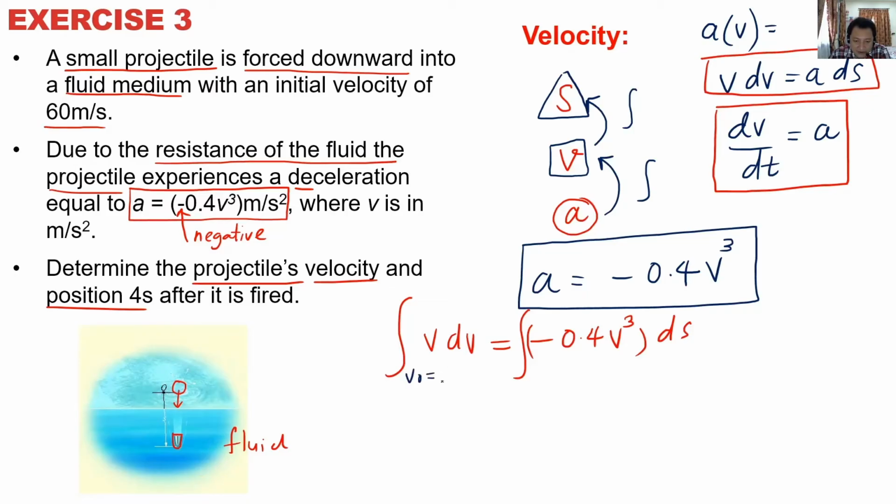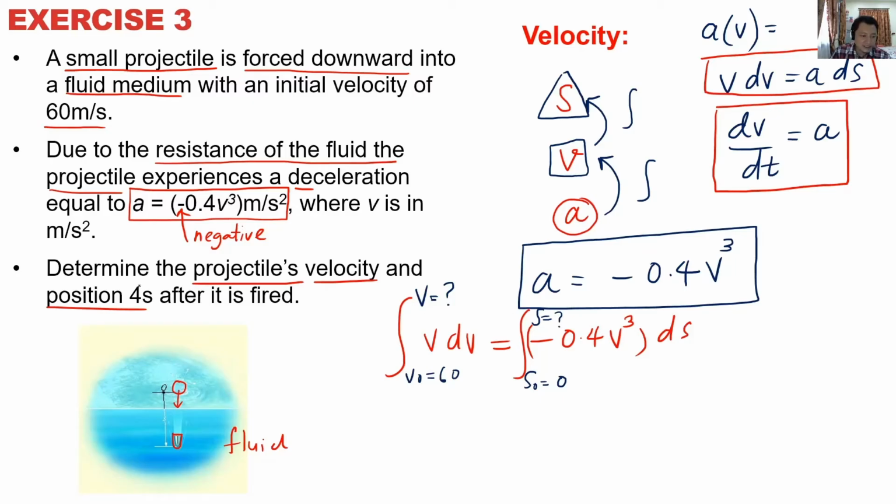V naught is equal to the original velocity, 60. V final, you don't know, right? Then for S, original S would be 0. S final, you don't know. So you have two things that you don't know here. You don't know the velocity and you don't know the displacement also.